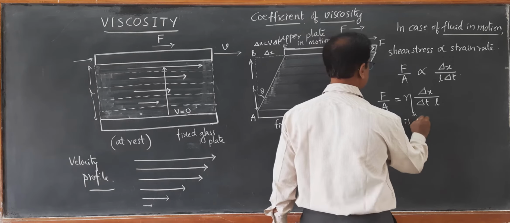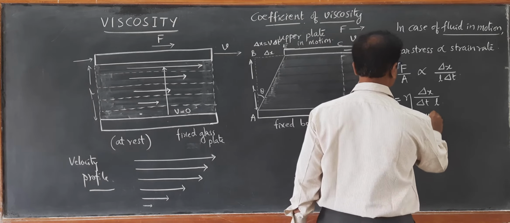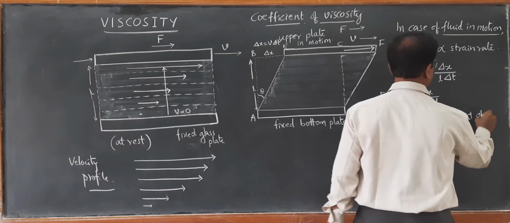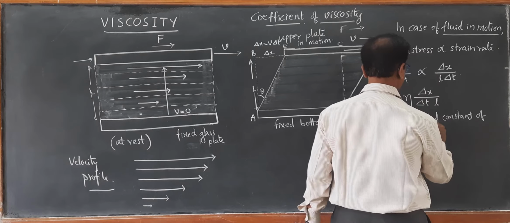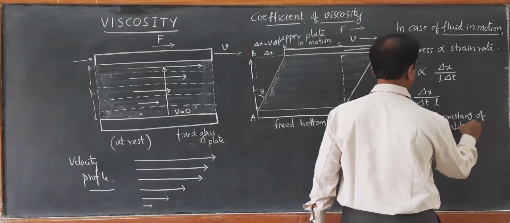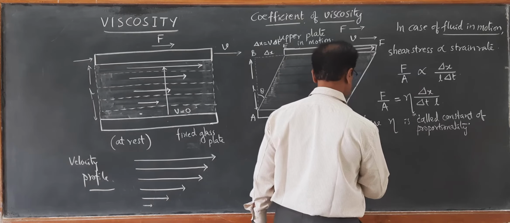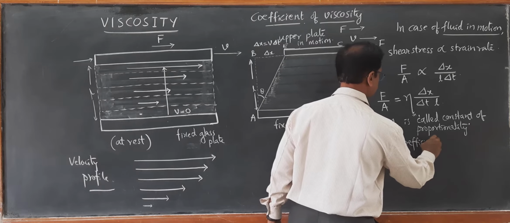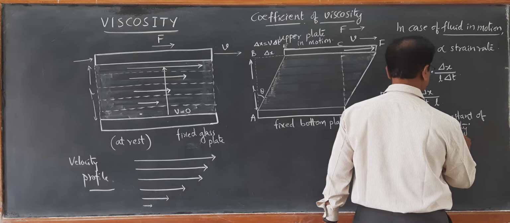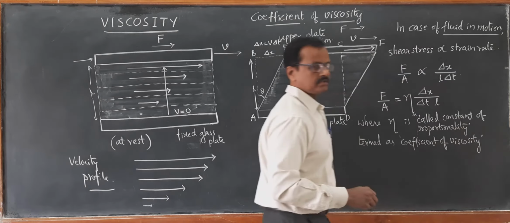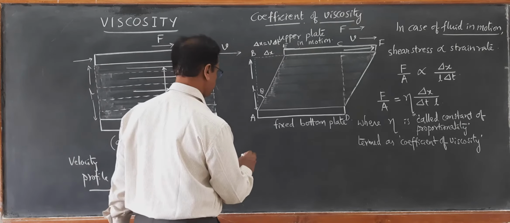Eta is called the constant of proportionality, which is termed the coefficient of viscosity. So now we can write what the coefficient of viscosity is.